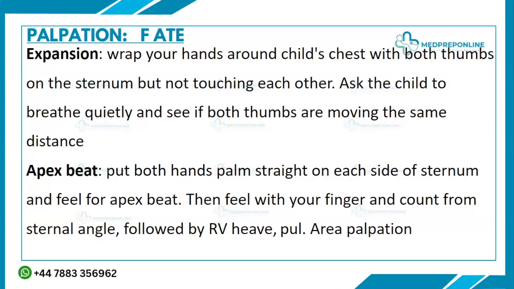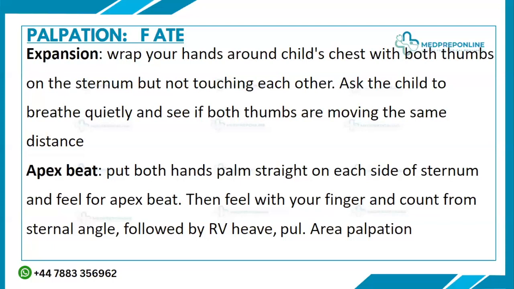Ma'am, we put both the hands on the front of the chest to see for the expansion, and we can encircle both the hands around the chest and see the distance, the deviation from the mid-sternal line. Yes, perfect. And for the back, just put them on the scapular region and again see the distance of the thumb from the midline.